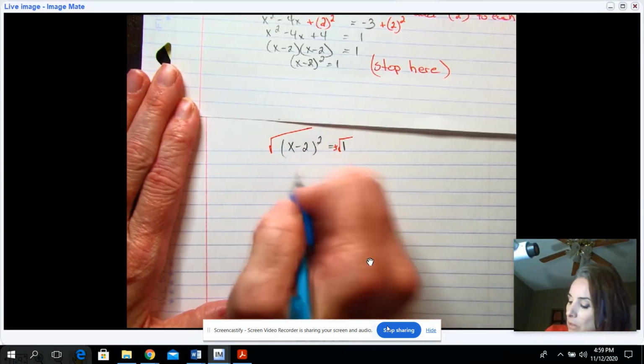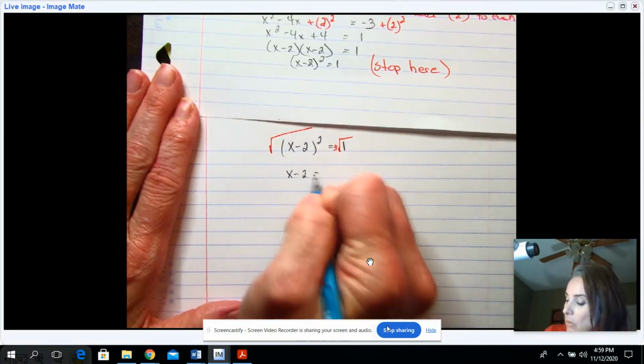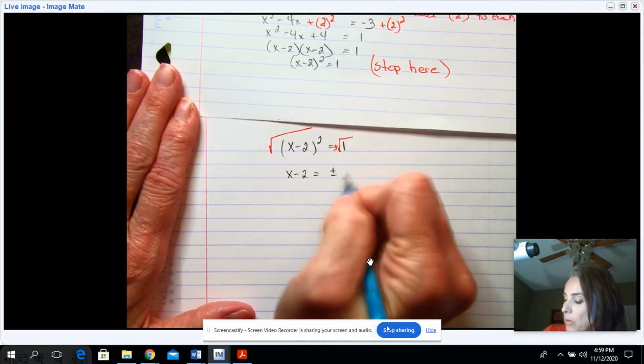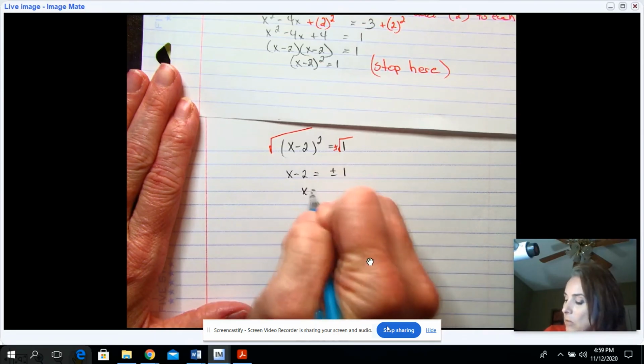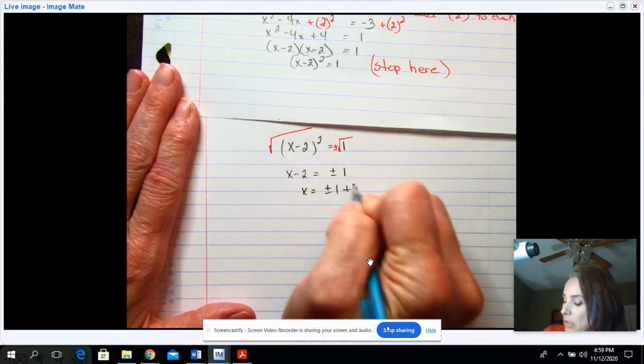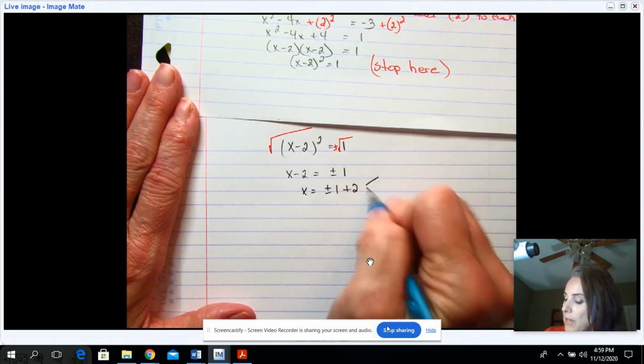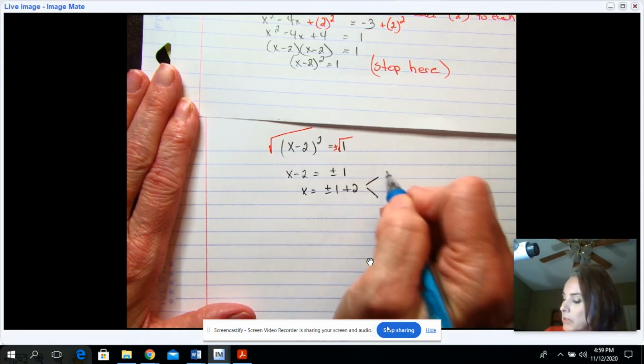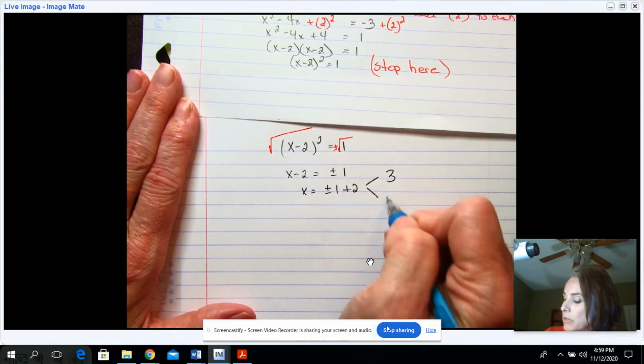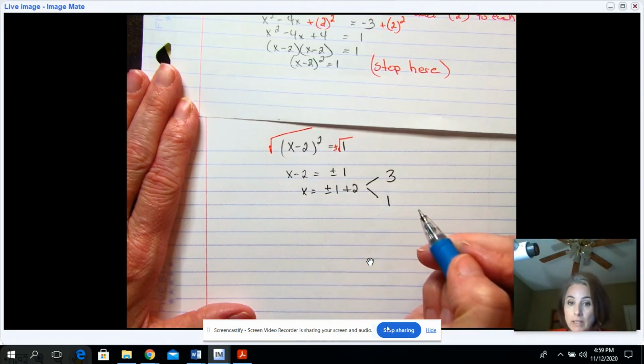So when you square root, it goes away, so you get x minus 2 equals plus or minus the square root of 1, which is 1. So you get x equals plus or minus 1 plus 2. When you solve it, you get a positive 1 plus 2, which is 3, and a negative 1 plus 2, which is 1. So we get those same exact answers.